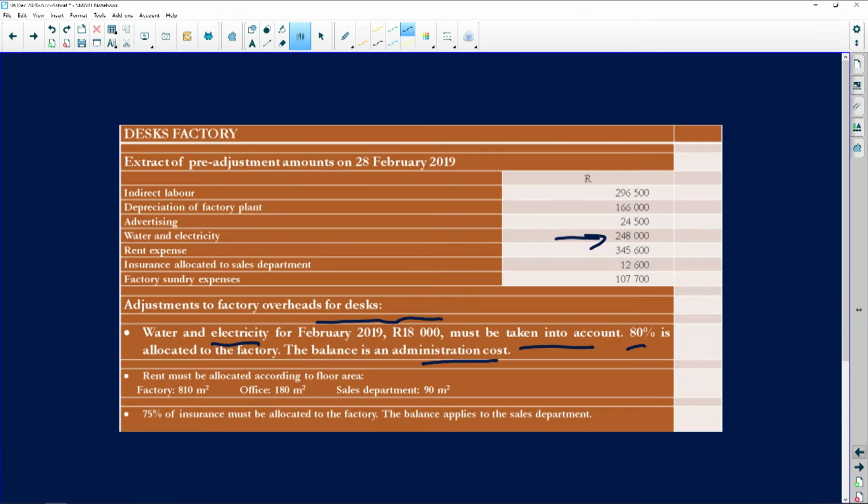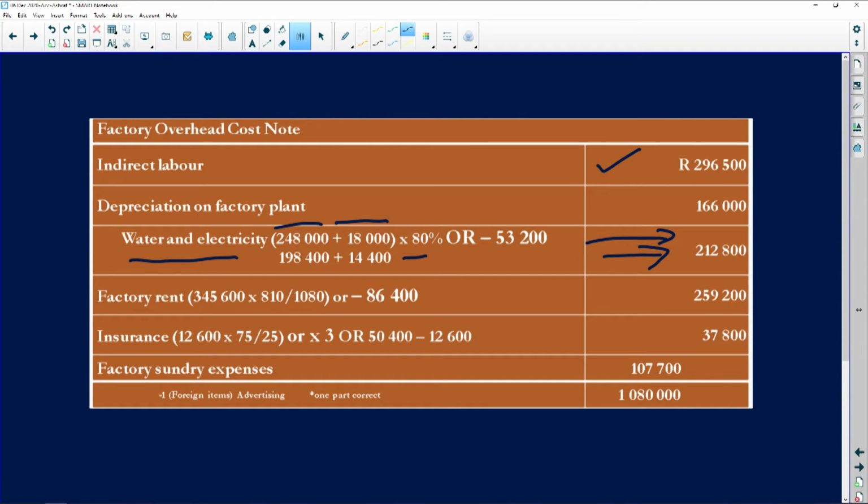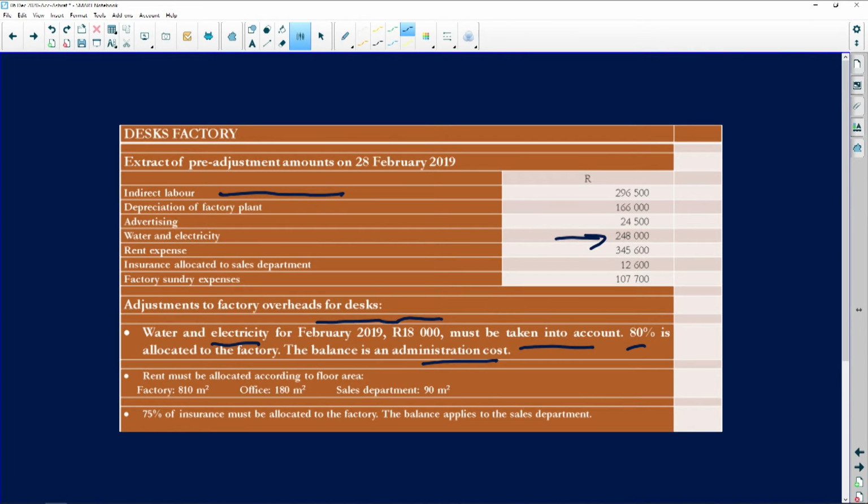Okay. Before we go on to our adjustments, you must identify items here that will go into your note for factory overheads. For example, there's my indirect labor. How much? 296,500. Therefore, 296,500 for indirect labor. Check, and what you do is, as you are working, once you dealt with it, delete it, so you know it's done and dusted.